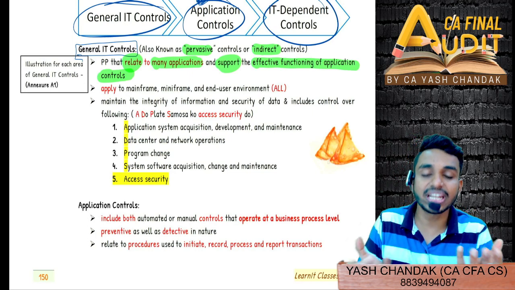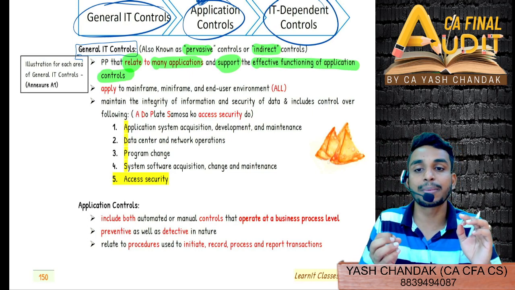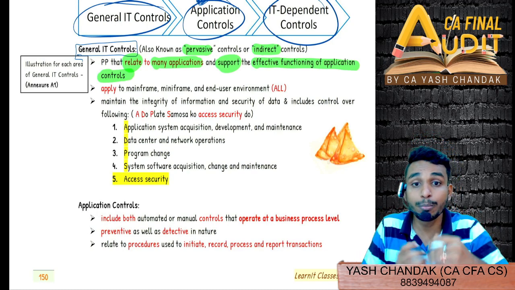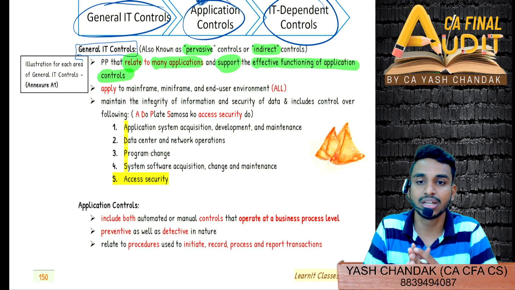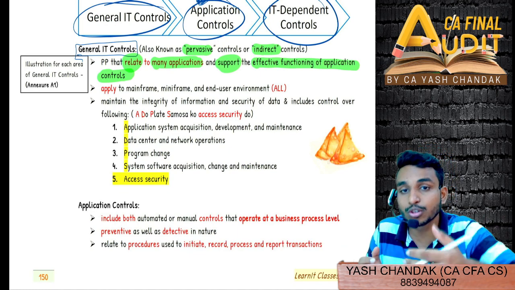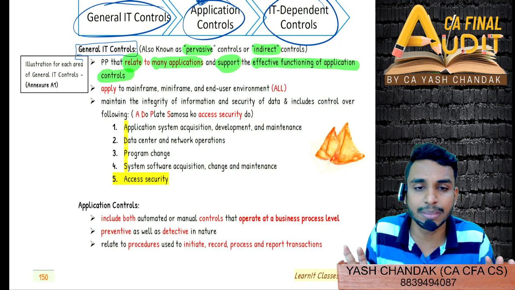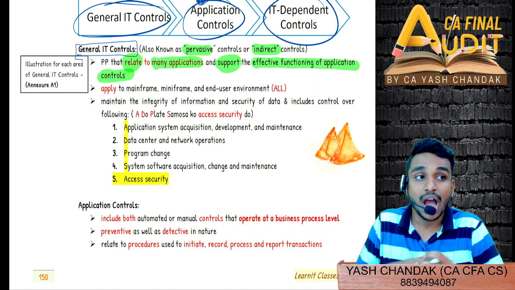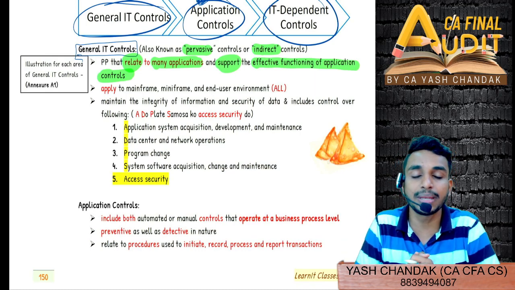But general IT controls are like, for example, how do you buy the application, how do you maintain the application, how do you update the application, data center wise, storage wise, server wise, any changes that need to be made in any application, how do you make those changes, any system update, how do you give access security to those applications.